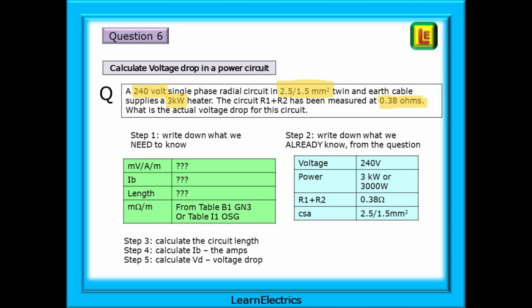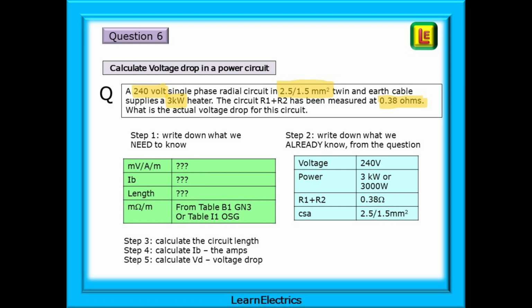These are the key pieces of information from the question. Break this down into steps. Step 1. Write down what we need to know to make a voltage drop calculation. Then, step 2. Write down what we already know from the question, which is quite a lot. Next, step 3. Calculate the circuit length.